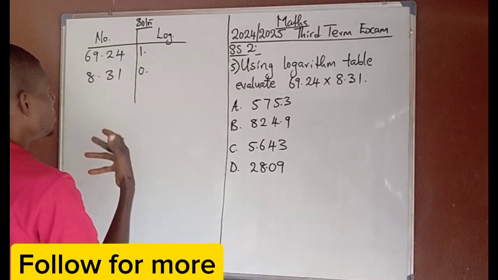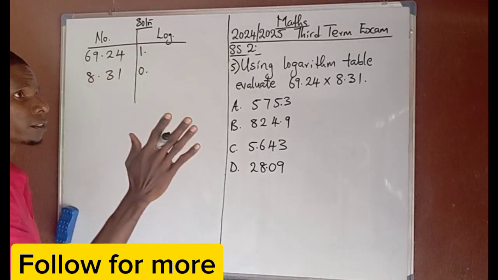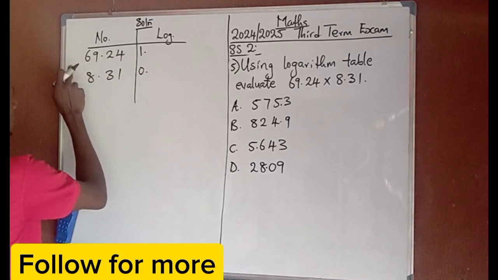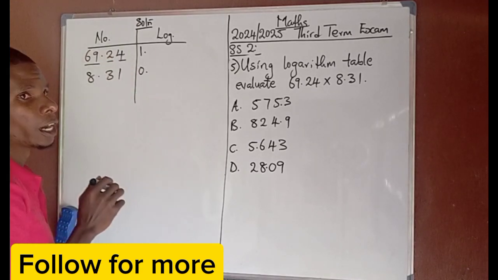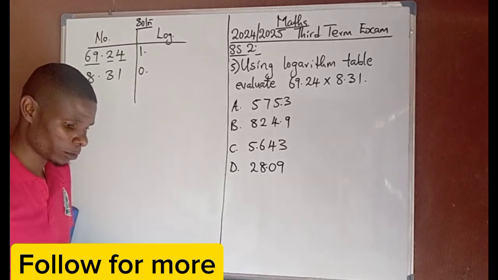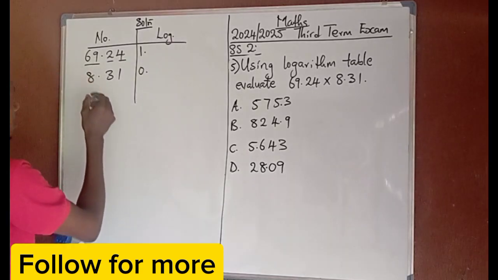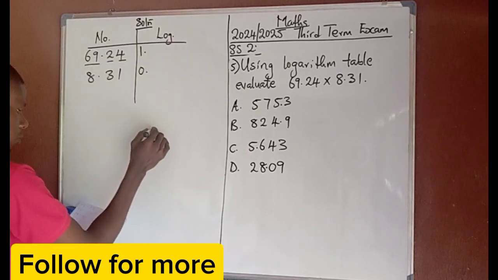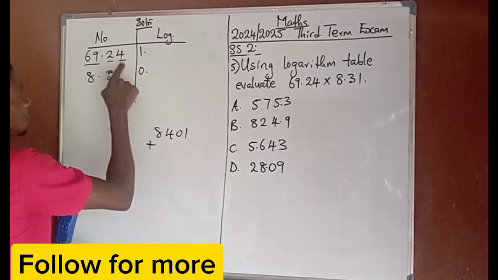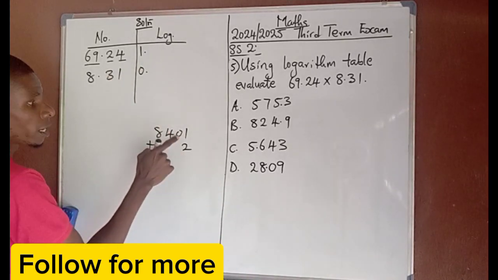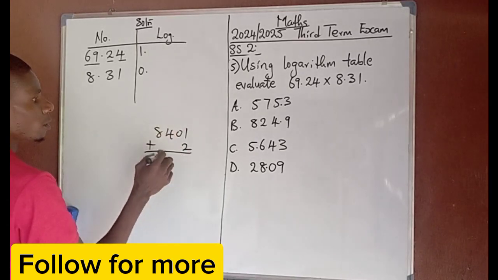So we then go and look for our mantissa. The mantissa is 69 under 2 difference 4. When we go to our logarithm table, we'll find that 69 under 2 gives us 8401. The difference 4 will give us 2, so we need to add the difference to the value.